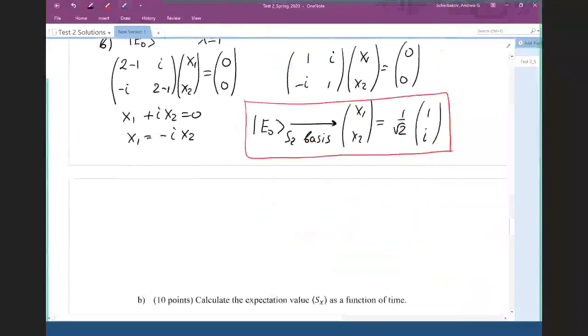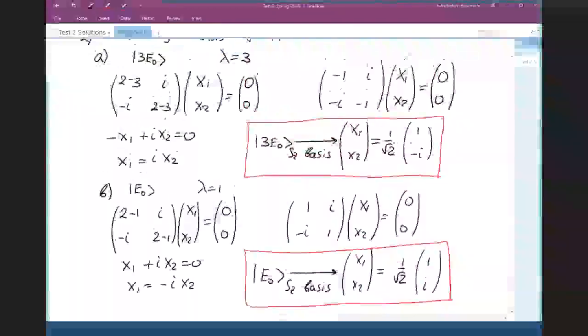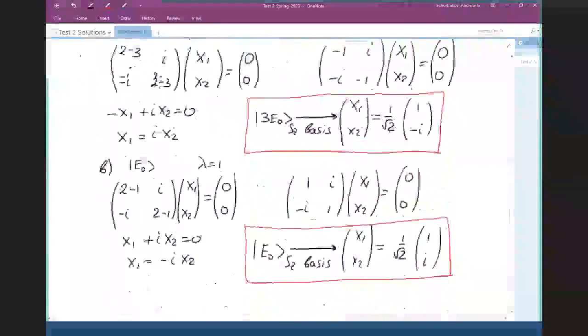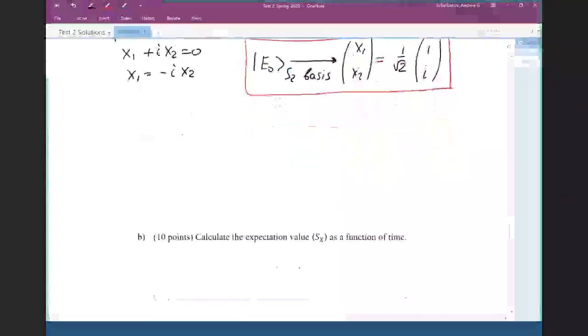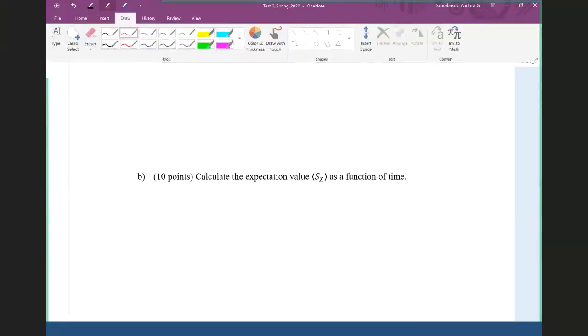Okay, now let's move on. Next item. I need more space. I really need more space here. Just a second. I need to figure out how to do that.